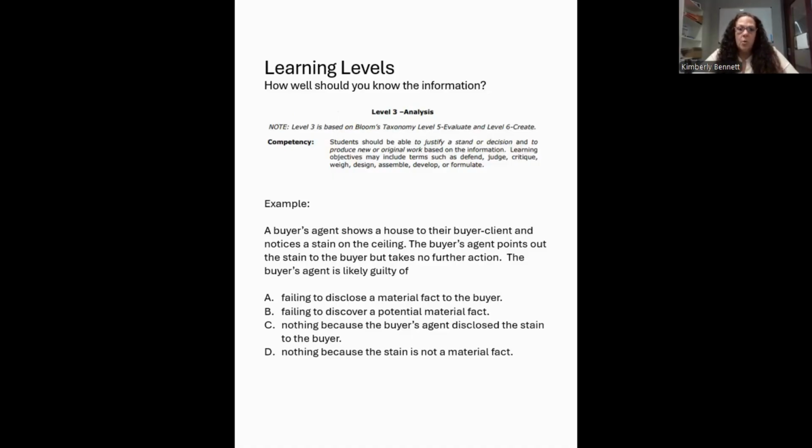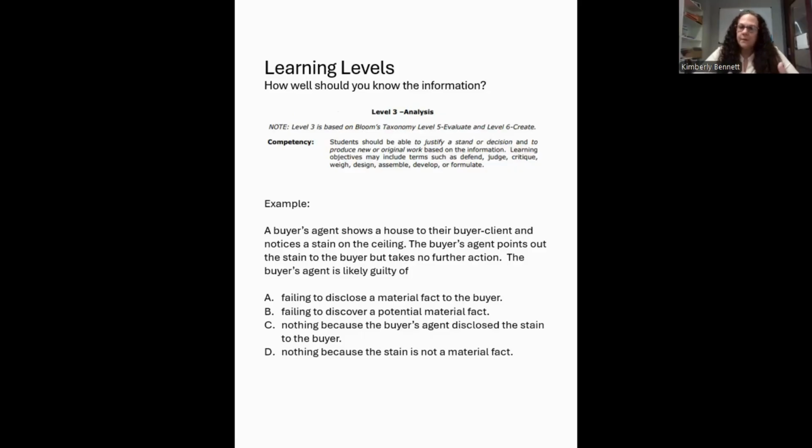Now you need to know what has happened here and why could this agent potentially be in trouble for not taking any further action. So A, failing to disclose a material fact to the buyer. Well, they disclosed it. They told them about it. Okay. Nothing, because the buyer's agent disclosed the stain.